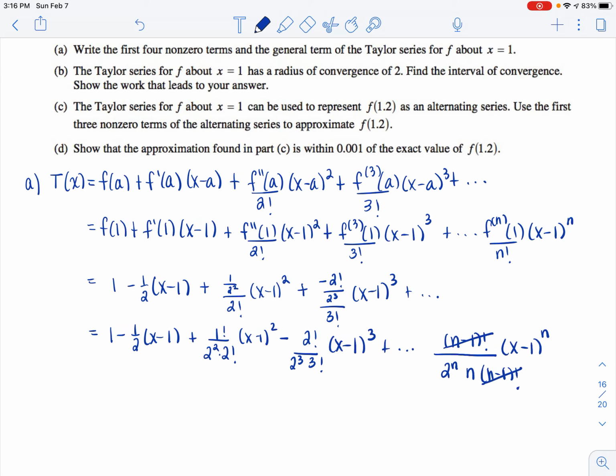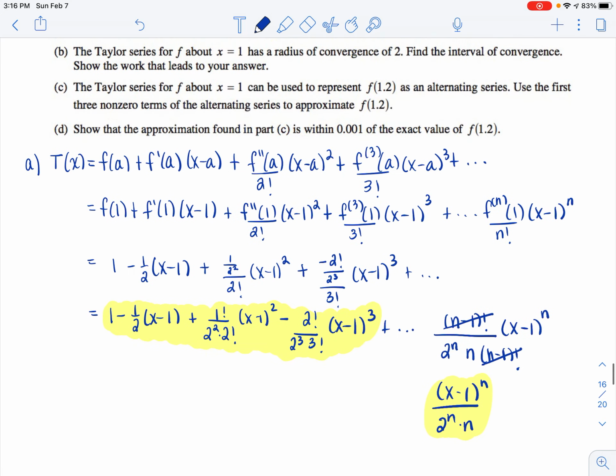Those factorials will cancel. And so that's how I'll eventually end up with a general term of x minus 1 to the n all over 2 to the n times n. Okay, so here is my Taylor polynomial, the first 4 terms. And here is my general term for this particular polynomial.